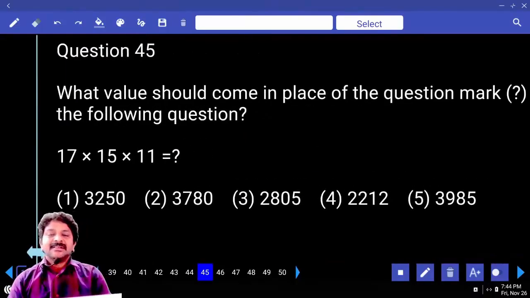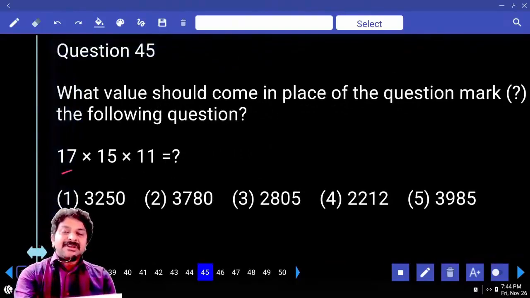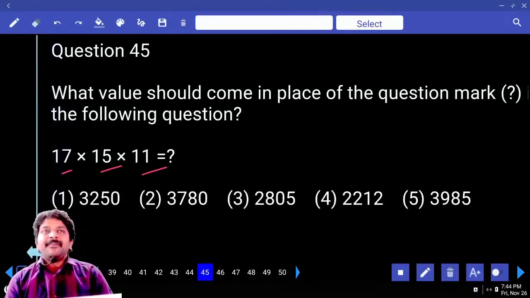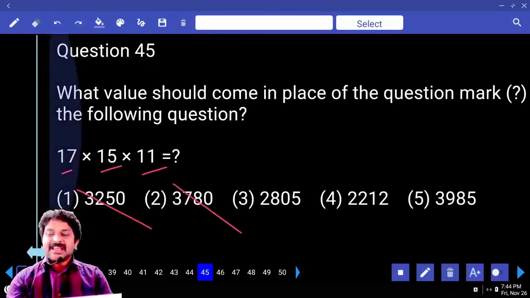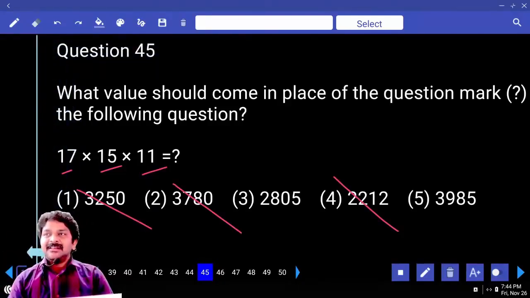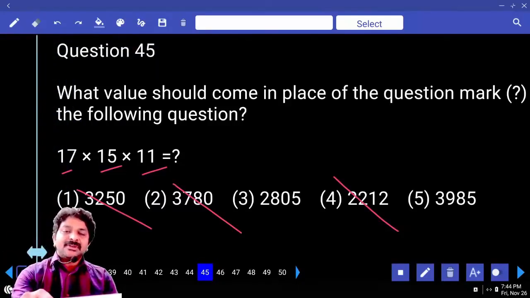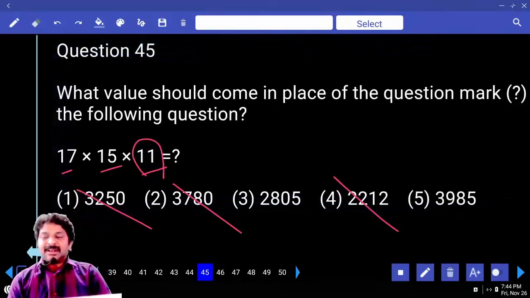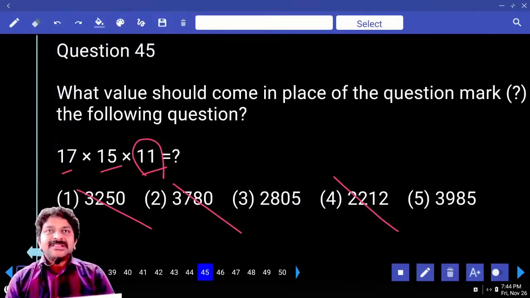Right, look at this. There are odd numbers, right? If you have all odd numbers in the product, answer cannot be an even number. First, second, fourth, direct cancel. Come on. Right. So now, interesting number, I'll pick this number, 11. So answer must be an 11 multiple.